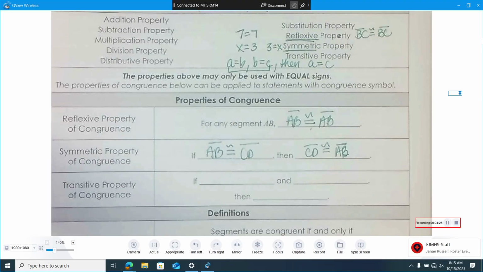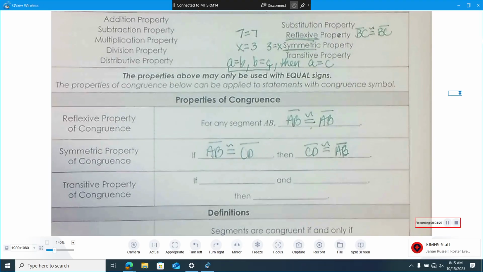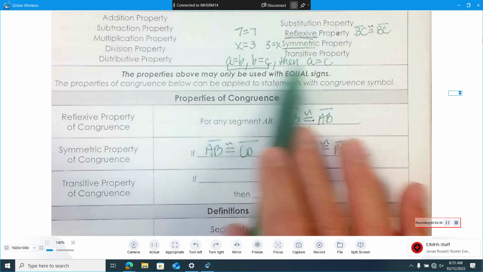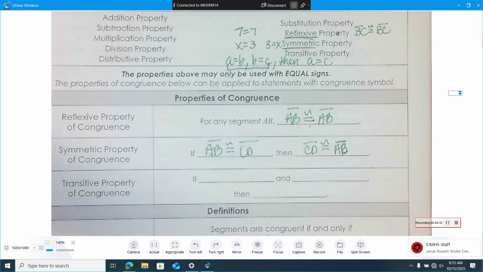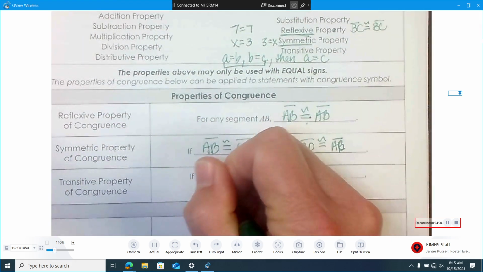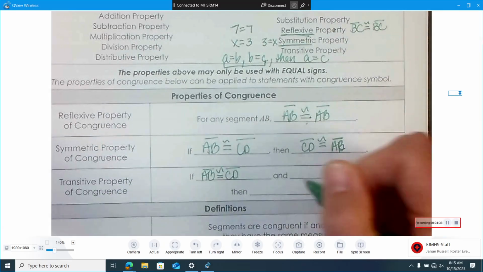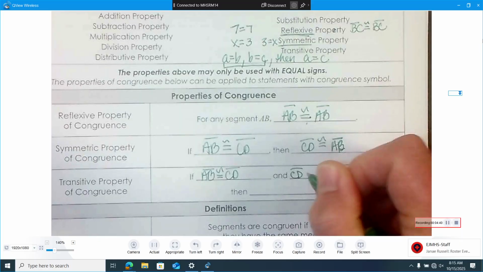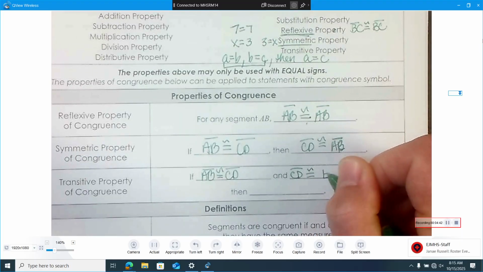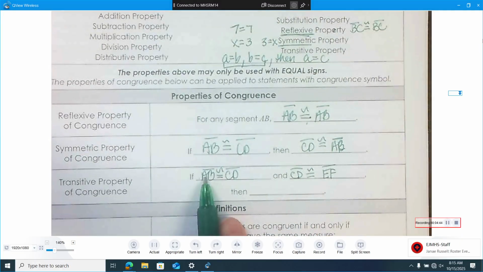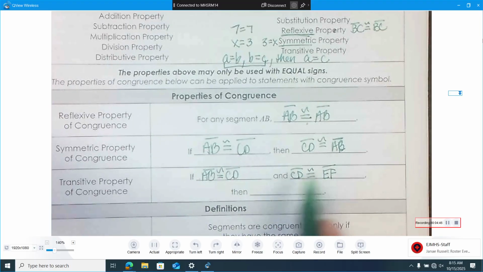The transitive property of congruence is very similar to the algebraic transitive property. If segment AB is congruent to segment CD, and let's pretend segment CD is congruent to segment EF, we've got this sort of chain link going on here.